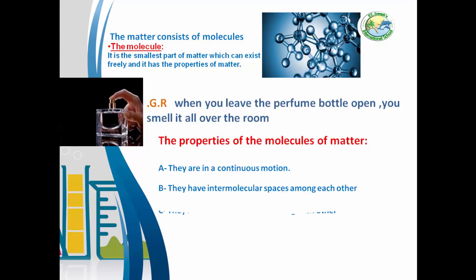And the third is there are attraction forces among the molecules of matter. So we have three properties of molecules and we will study each of them and explain how we can see this property.